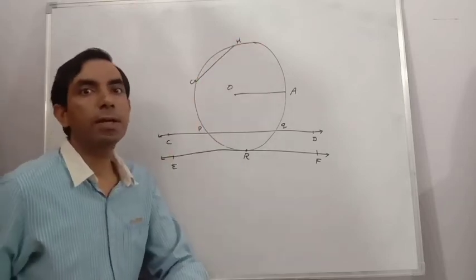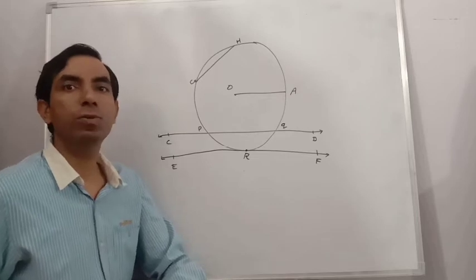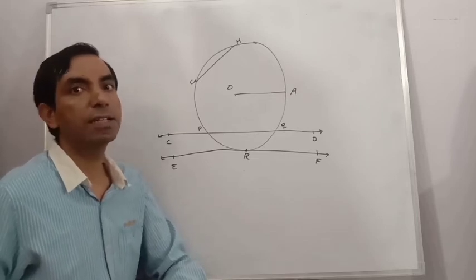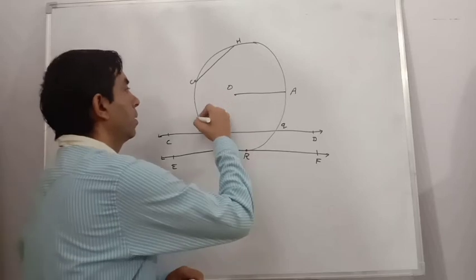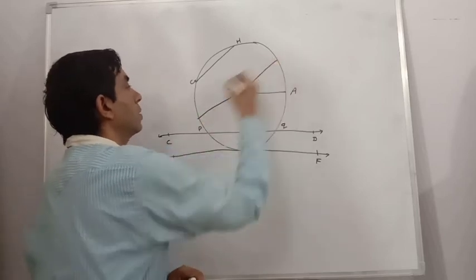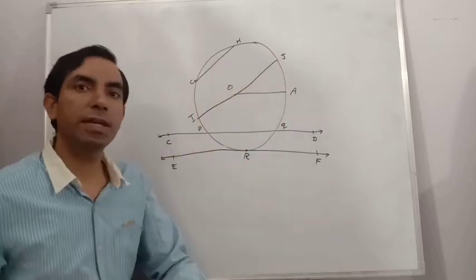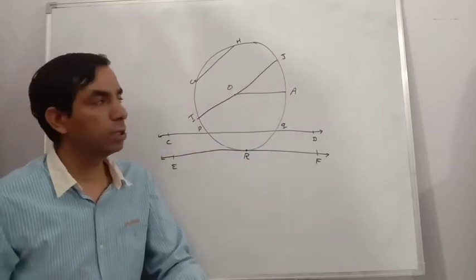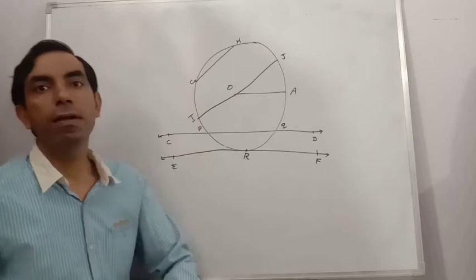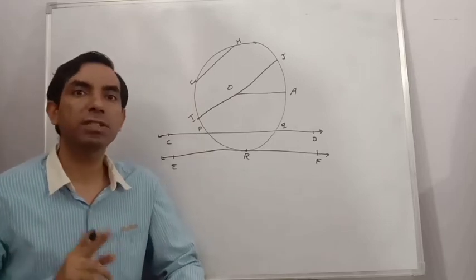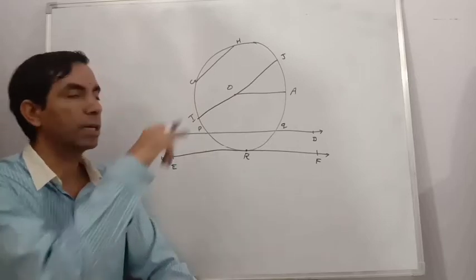And a chord which passes through the center is called diameter. So here we see the collection of all points which have a fixed distance from a fixed point is called circle.